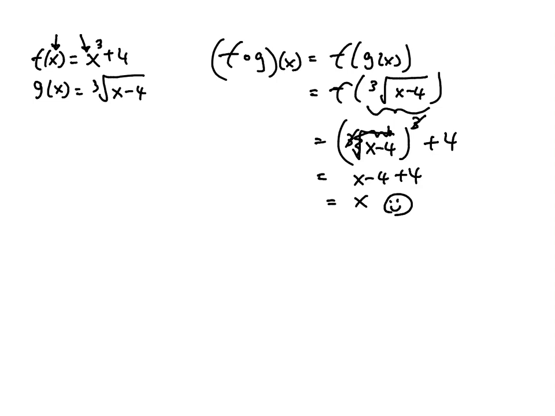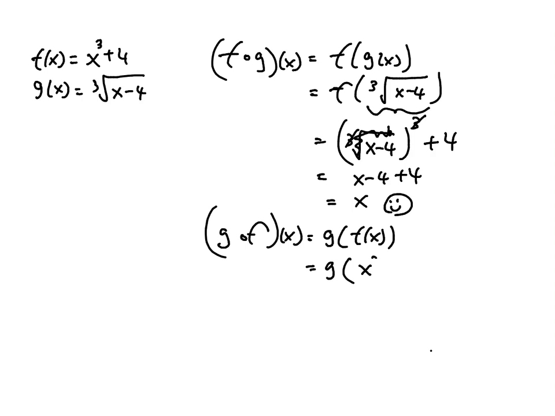Halfway done. G circle f of x. G of f of x. Plugging in f of x, you get g of x cubed plus 4. Okay. Now remember, g is the cube root. So whatever goes in here goes in here.